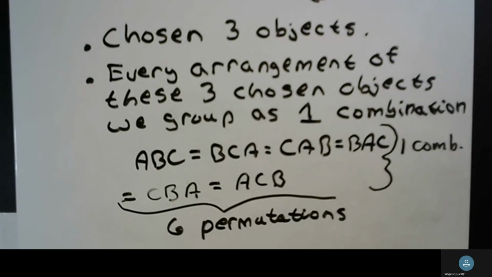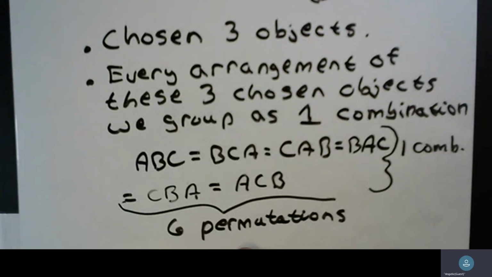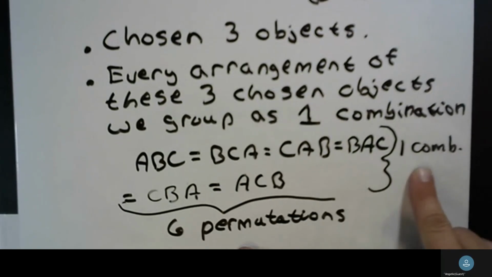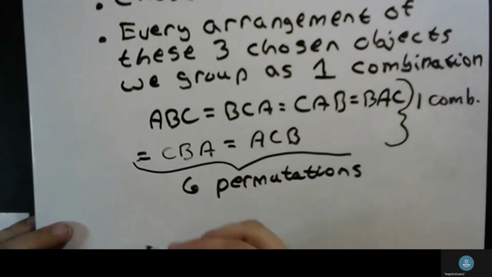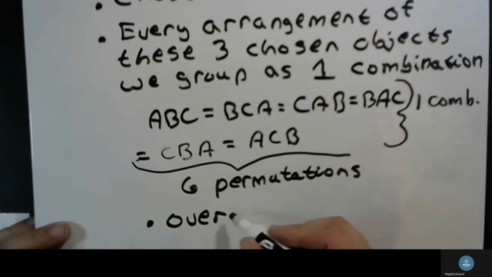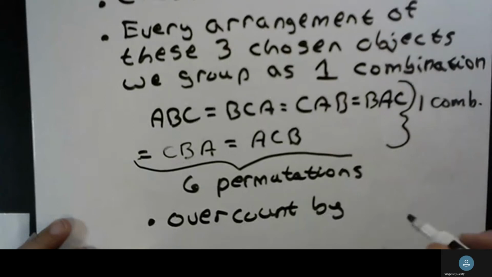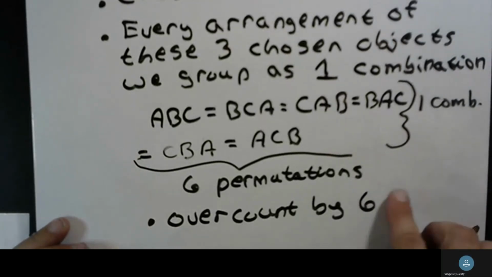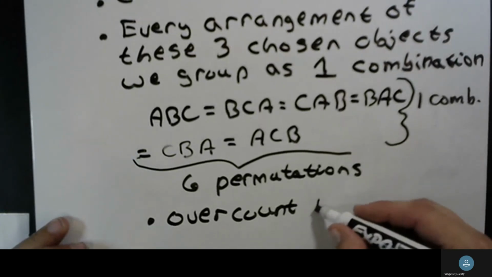So when we've chosen 3 elements, we can get 6 permutations out of these 3 elements, but they're only going to count as one combination. So by counting permutations, we'll overcount by 6.